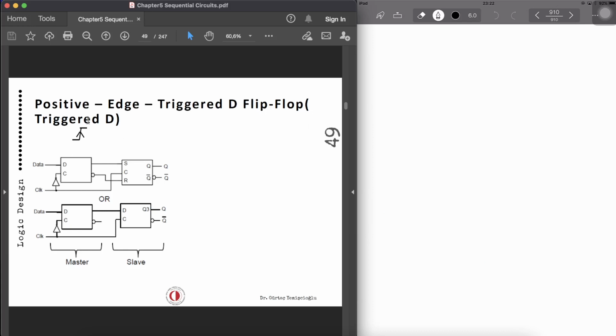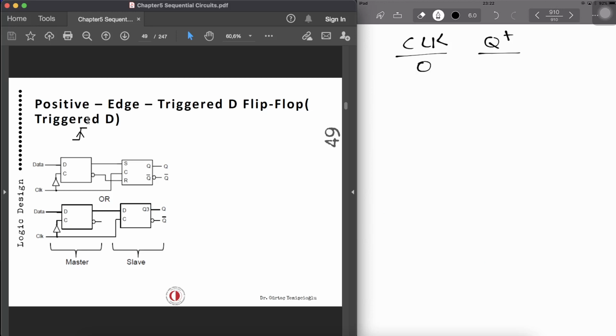Now, one thing that we need to understand is what is this edge triggering? In the latches, we have seen that when the control input is exactly 1, output follows input. That we called level triggering. And with the D-type flip-flop, Q plus changes based on the clock.